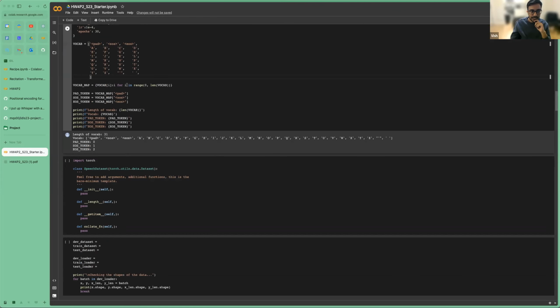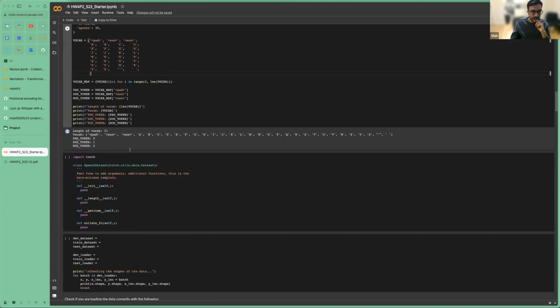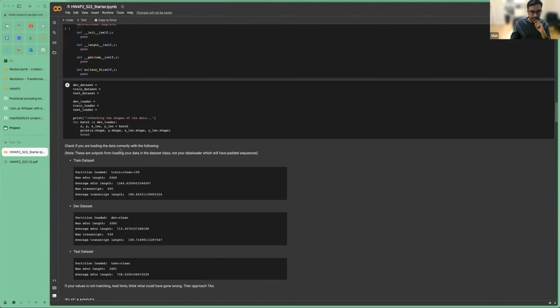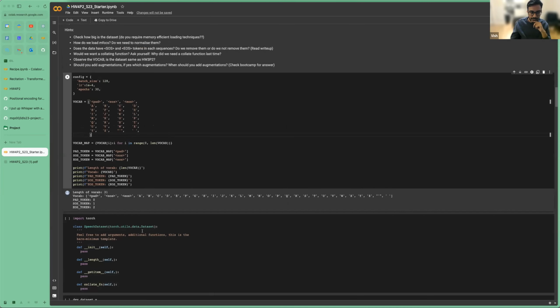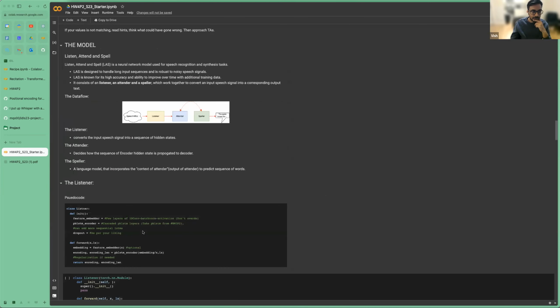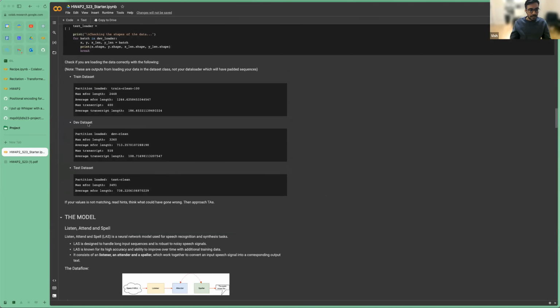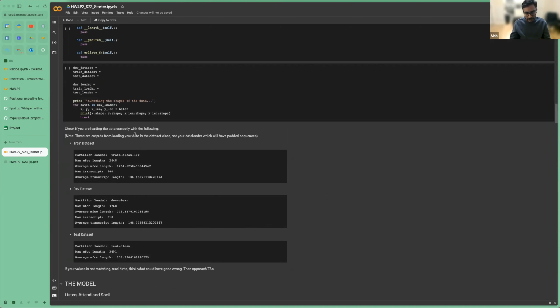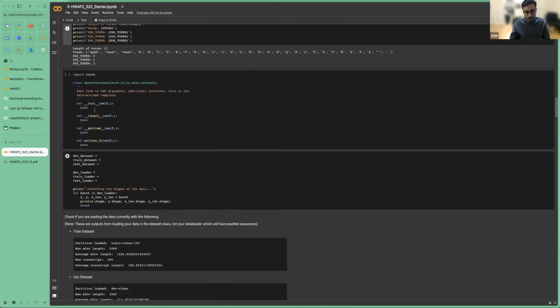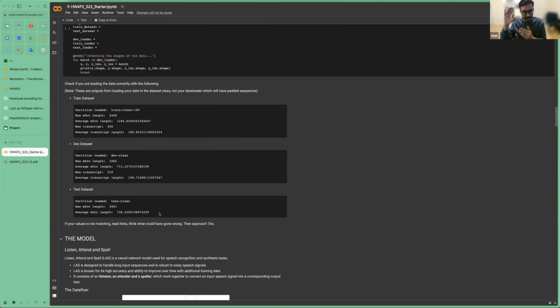Anyway, that's basically your vocabulary right here. You can implement it the exact same way. Just make sure you use the vocabulary to encode your transcripts and the pad token for padding your sequences. This, by the way, just so people don't get confused, is output from loading your data in your dataset class. So you might want to include print statements in your dataset class when you're loading your dataset.